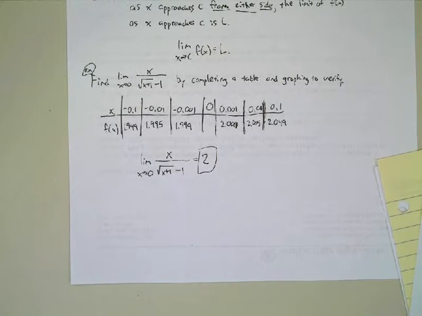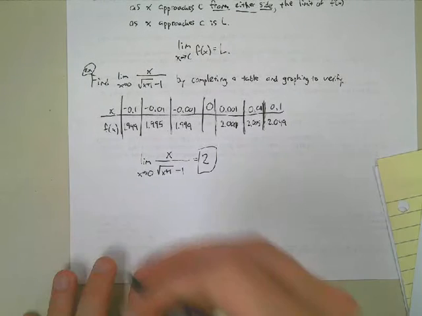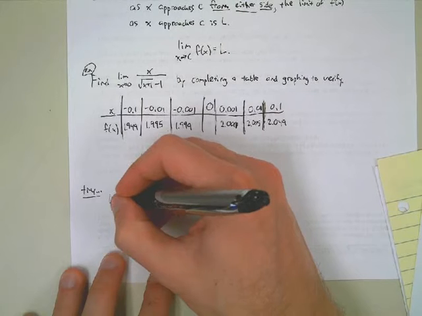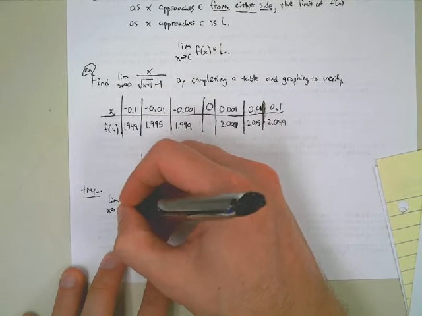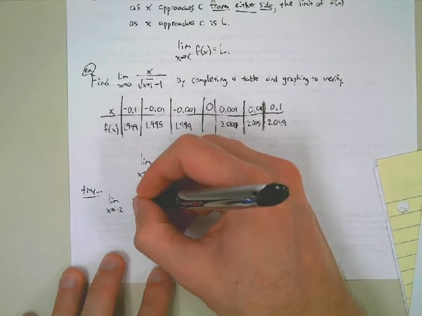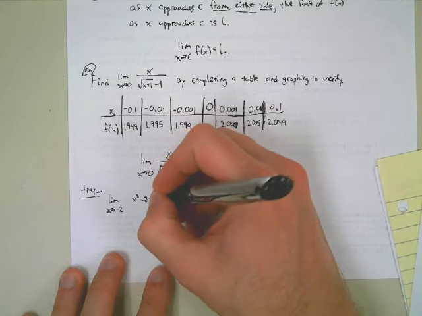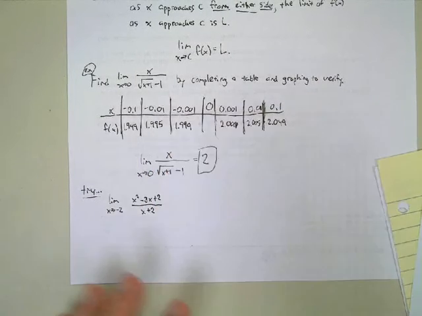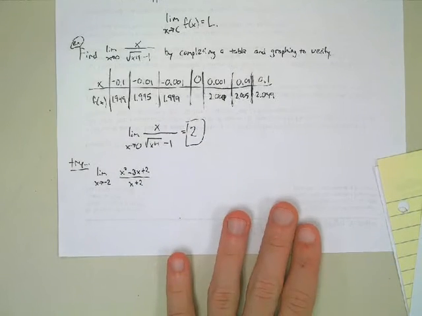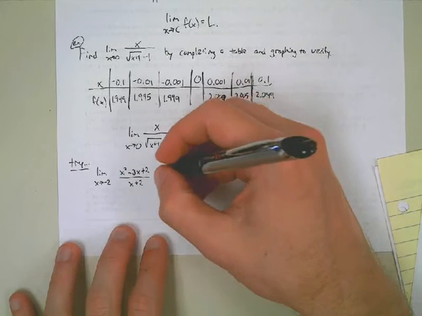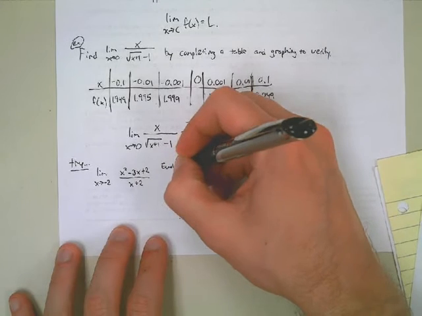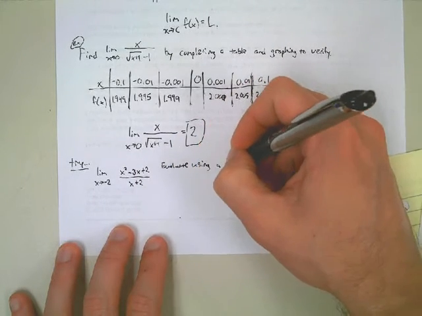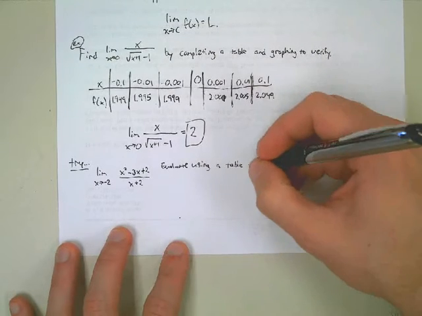All right, so you guys try one. Try the limit as x approaches negative 2 of x squared minus 3x plus 2 all over x plus 2. I want you to evaluate using a table and graph it to verify.